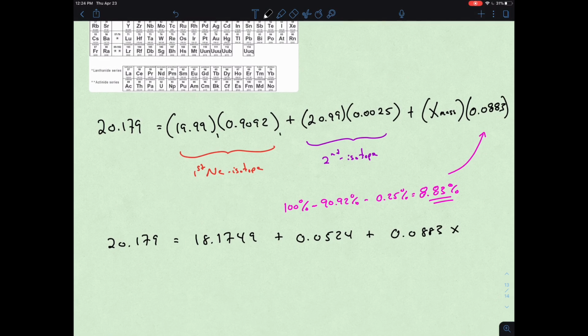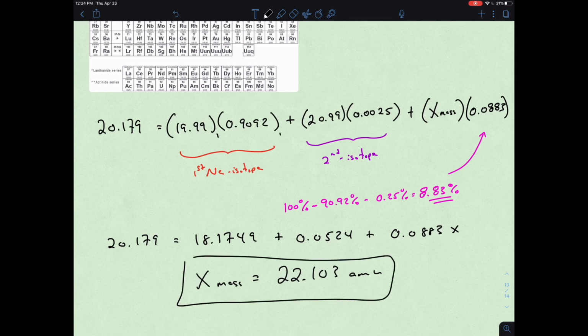And then we can solve for that mass. And we should get a value of 22.103 AMUs. So that's looking at isotopes.